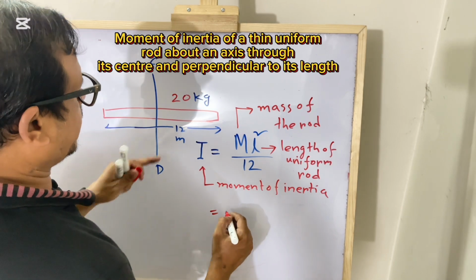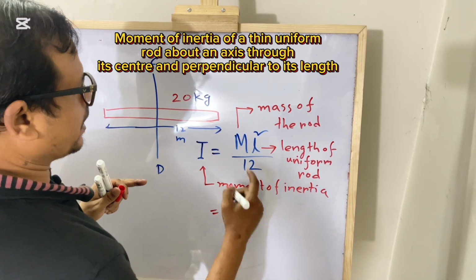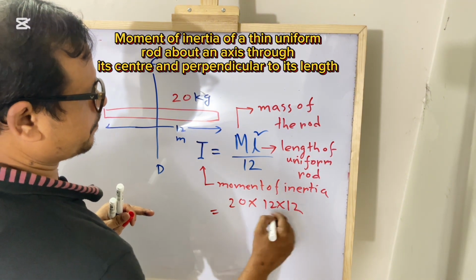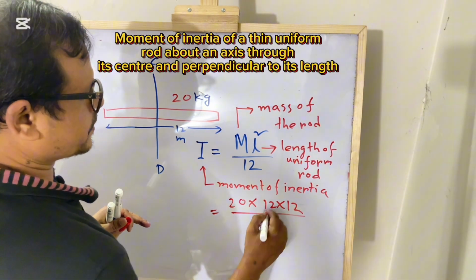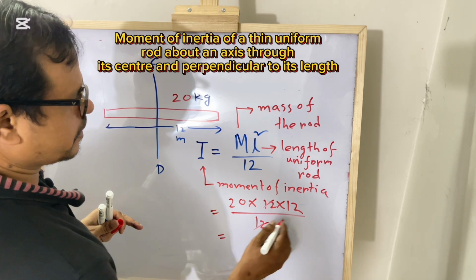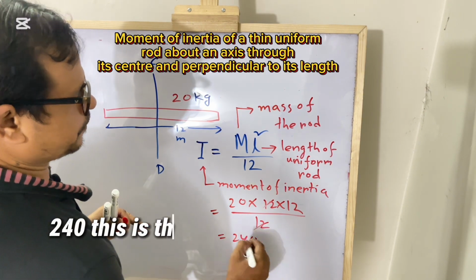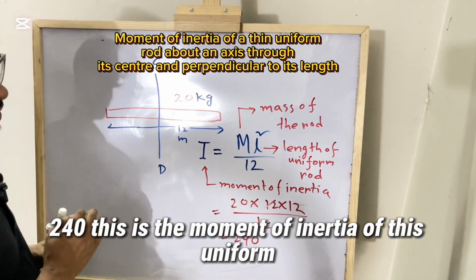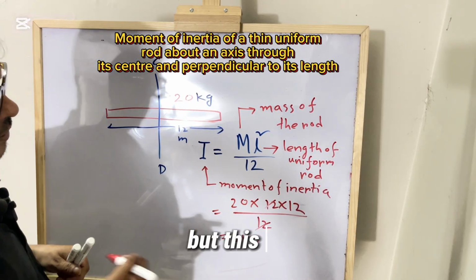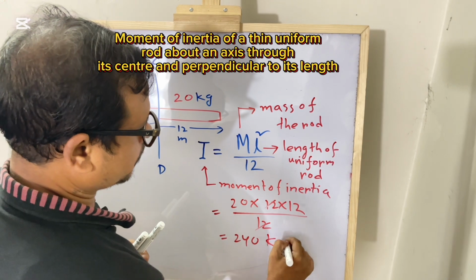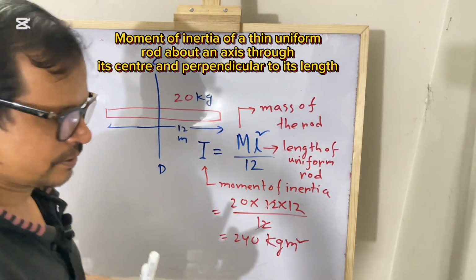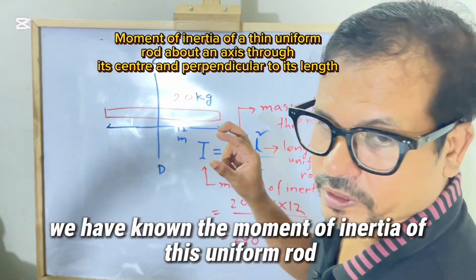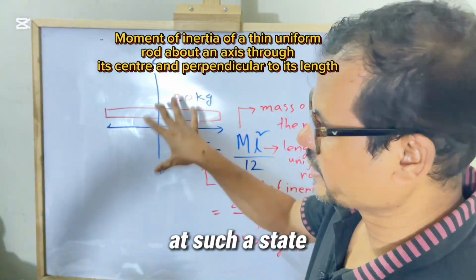I equals M, which is 20, into L squared, 12 into 12, over 12. That cancels, 12 cancels. 240. This is the moment of inertia of this uniform rod, in kg meter squared.